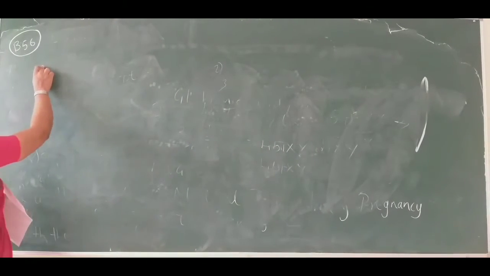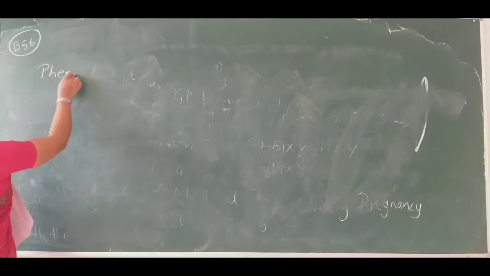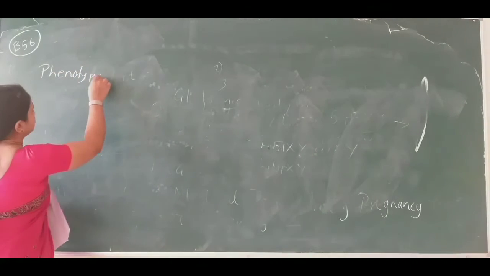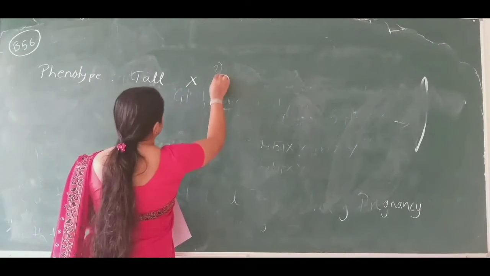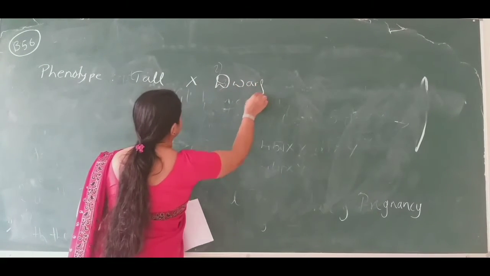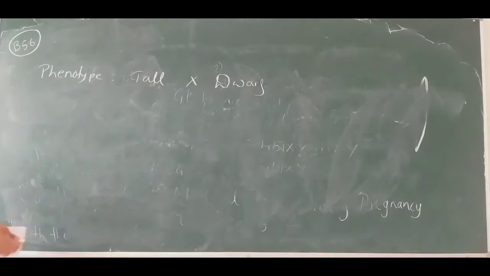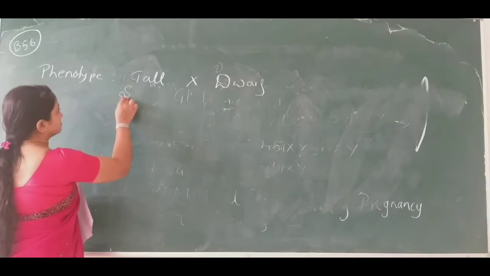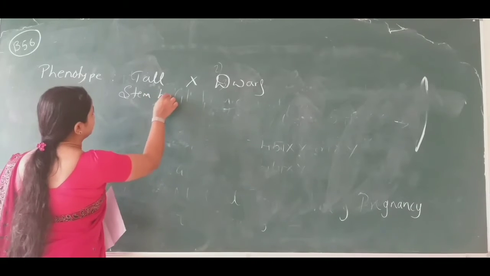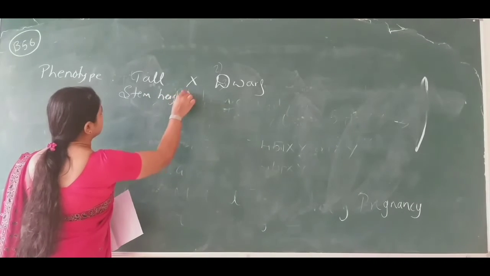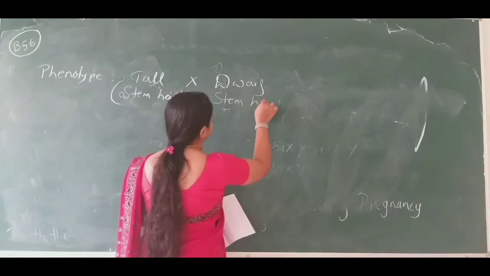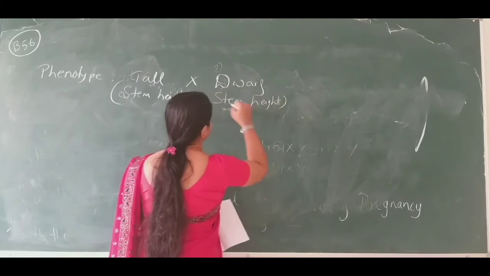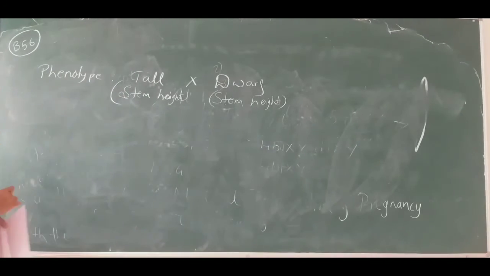like first we have to write the phenotype. The phenotype is tall, formed when it crosses with the dwarf. Stem height it is, and this is also height of the stem.